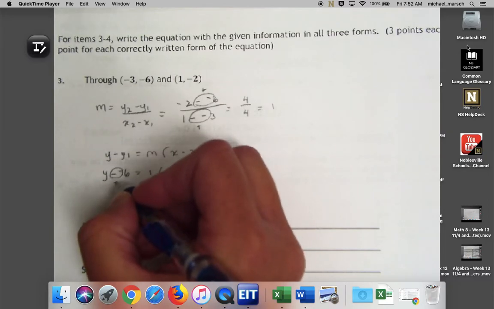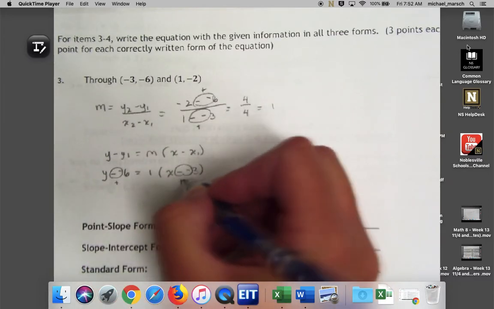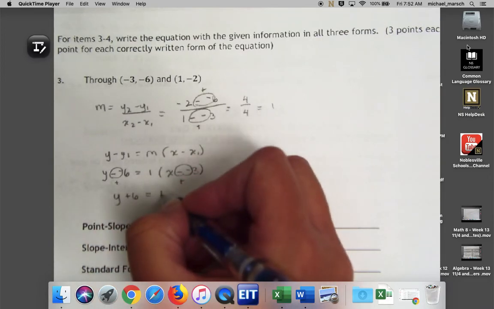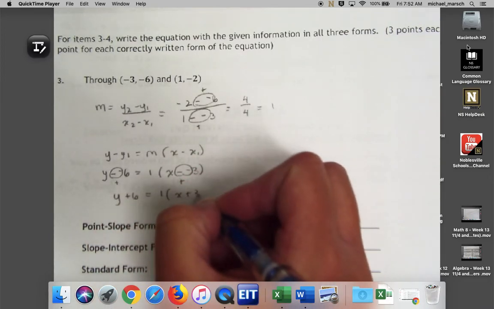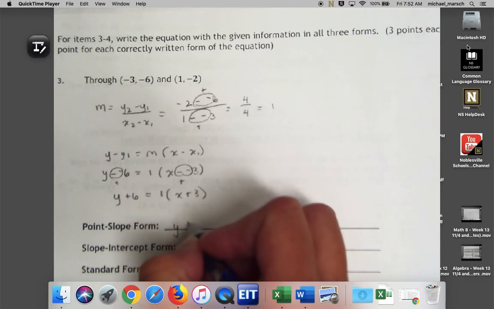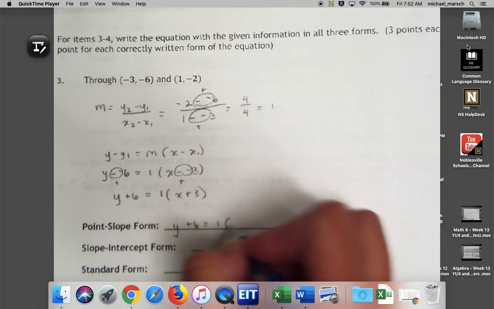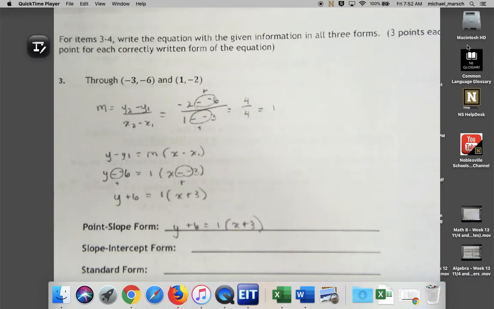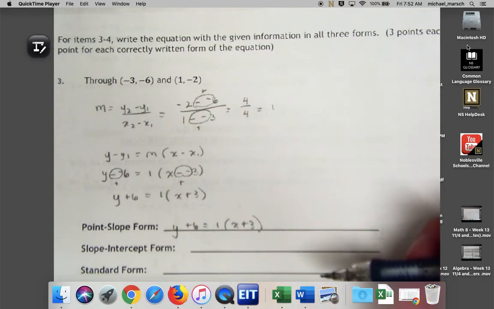These need to turn into addition. So I end up with y plus 6 equals 1 times the quantity x plus 3. Okay, so now I've got my point slope form. I can easily turn that into slope intercept form by just distributing that 1.